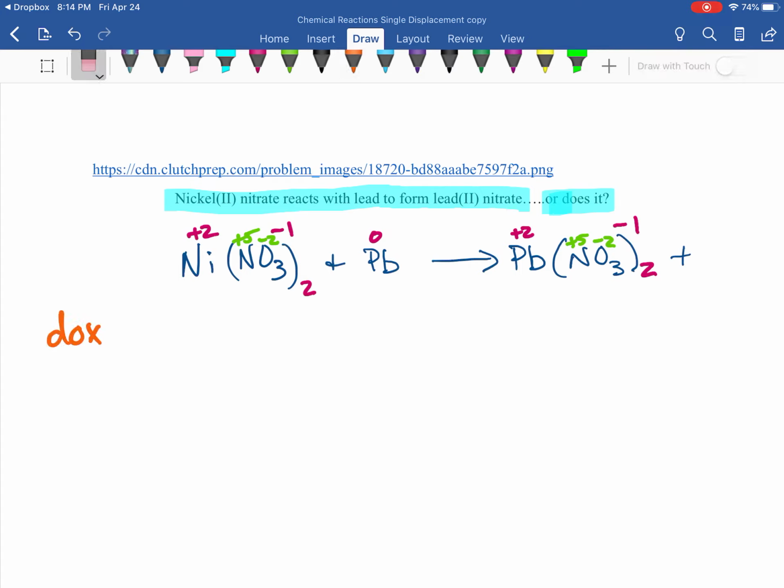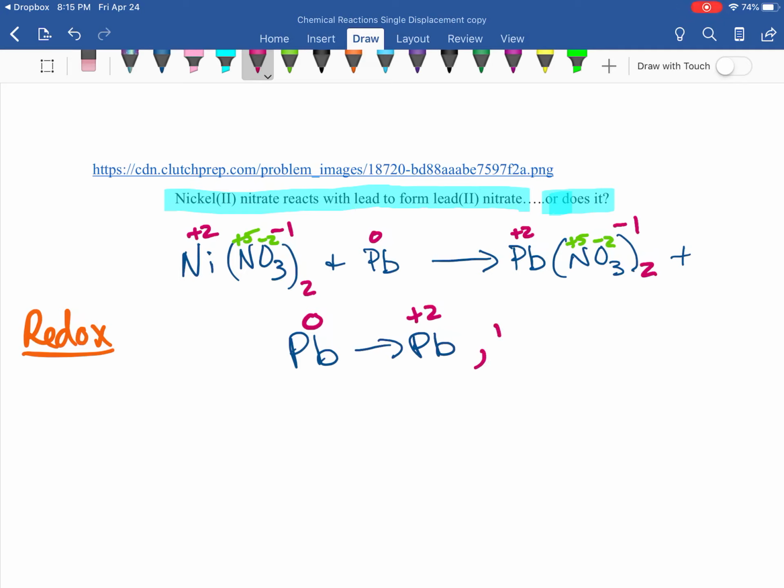So out of this reactant side, what is changing already in our oxidation numbers? Because remember, these are redox. All of our single displacement reactions are redox. So we always have 2 partners. And let's look at this first partner, lead.